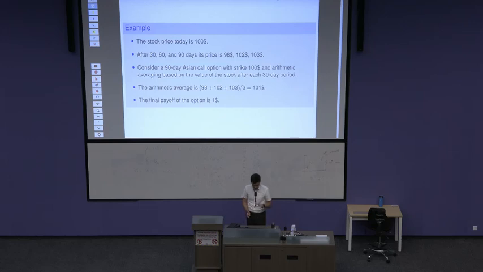Okay, so here, an easy example. Today's stock price is 100. This means we are starting here. And then we observe some stock value every month. So after 1 month, 2 months, 3 months, the values we observe are 98 maybe, and then 102, and then 103.